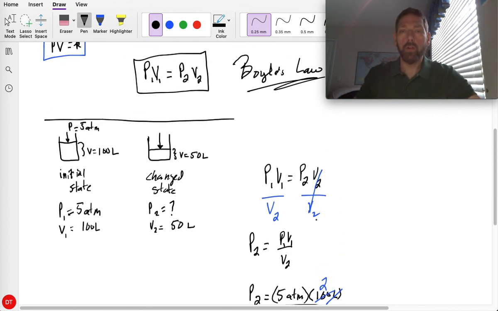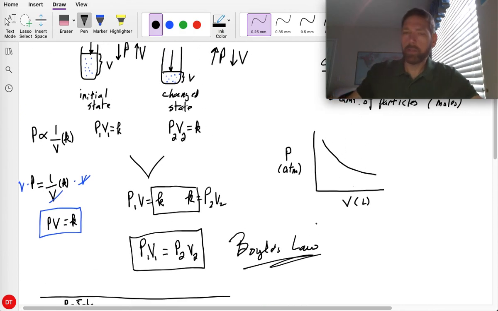If we look at this graphical analysis here, if we were to increase the pressure, so let's just say we're at any given point. We're at this given point here. Since this relationship is a direct inverse relationship, right?